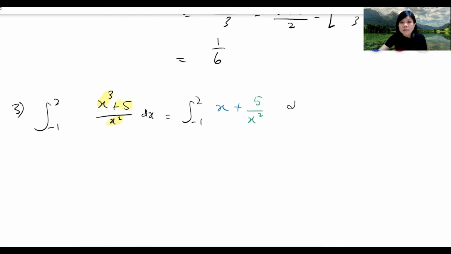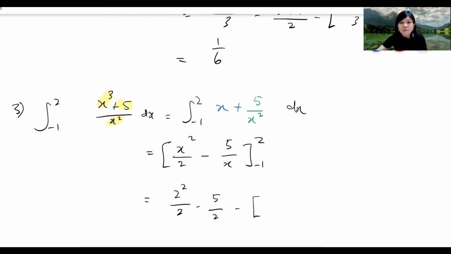So then we shall move on and do our integration. So integrating x will give us x squared over 2, and integrating 5 over x squared will give you 5 over x. So then put back the limits in, and then put the values.